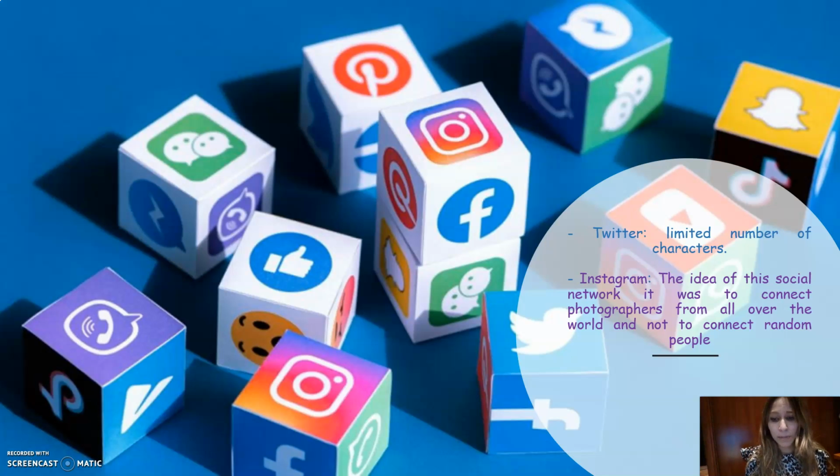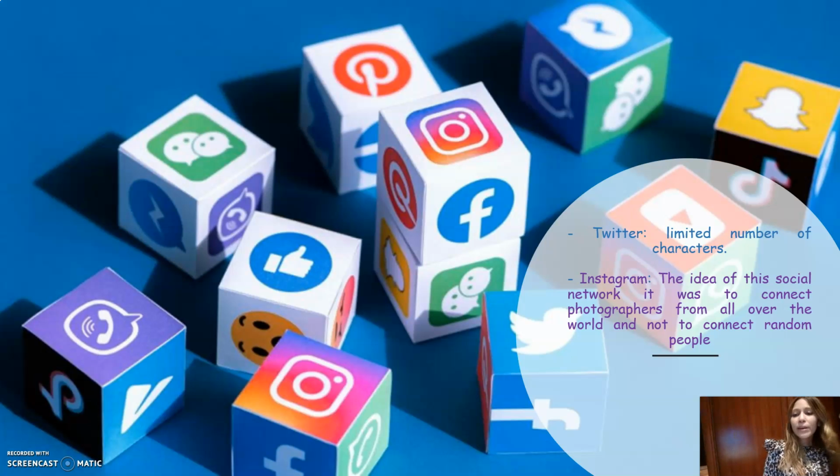We want the information to be short, and we want it to catch the others' attention, for sure. This way we're changing our way to express ourselves.